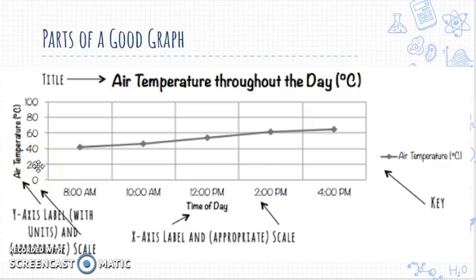So in this case, they count by 20, 40, 60, 80. It doesn't say 3, 21, 42, 87. It counts in even increments across the side and across the bottom.